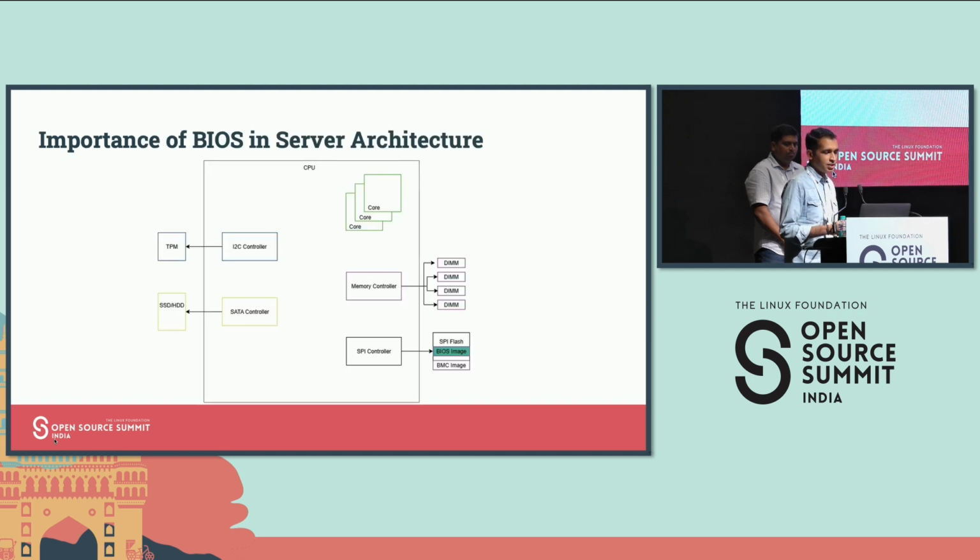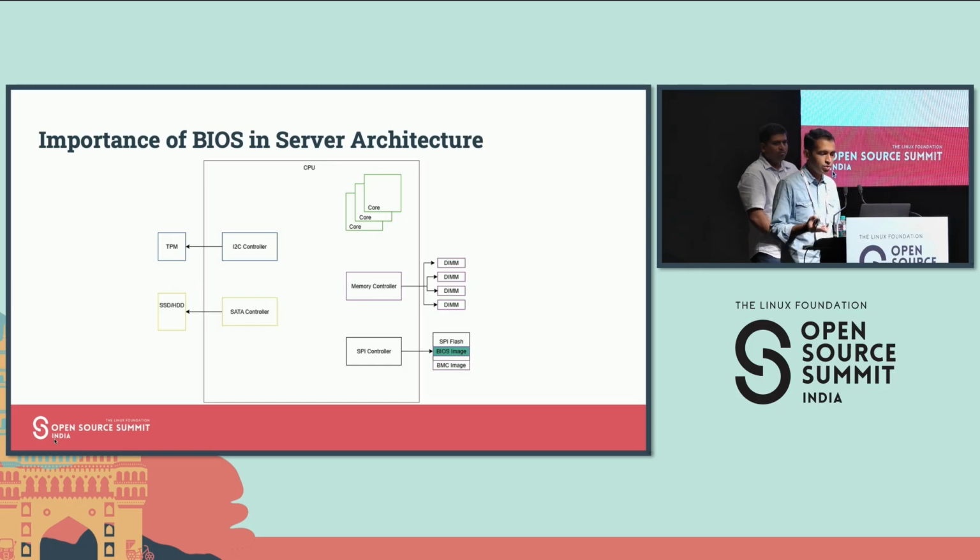Now let's try to understand how BIOS is interfaced to a CPU or a server. This diagram shows the high-level blocks of a CPU. It has cores where the execution happens or the opcodes run, memory controllers, and a storage controller.